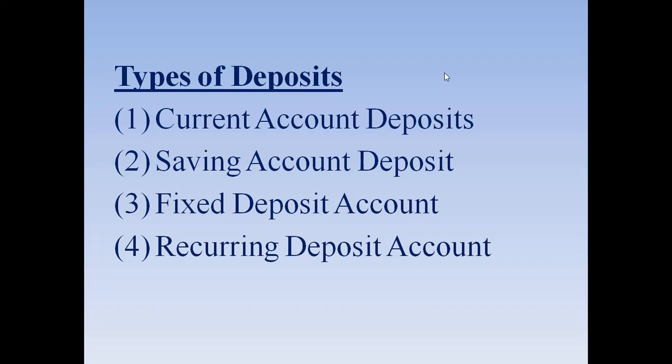Let us say you open an RD account for the next 2 years, and for the next 24 months you will deposit 1,000 each month. When the maturity period is over, you will receive your money in your account. It's very simple.